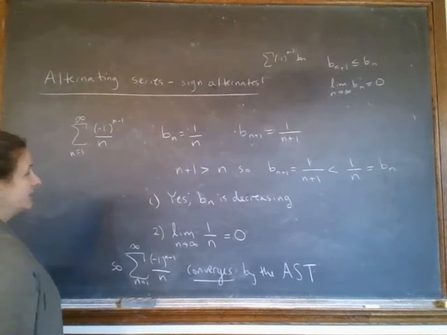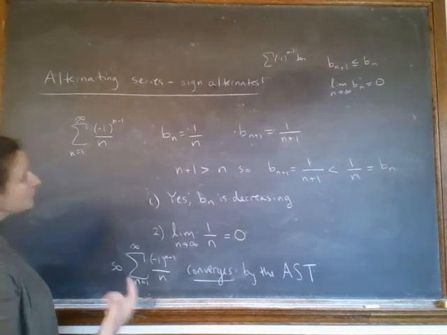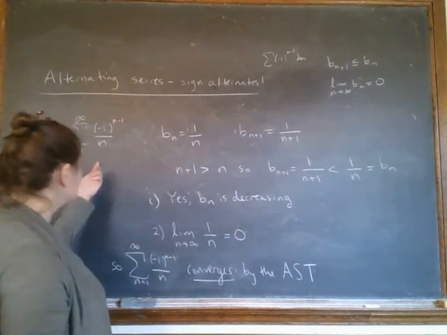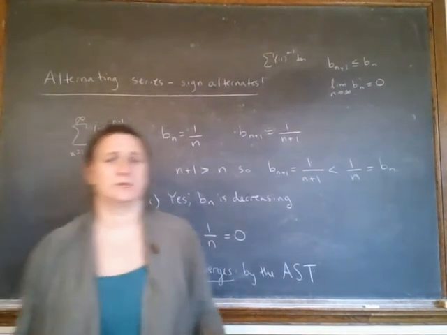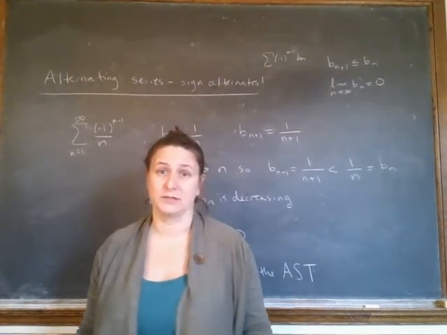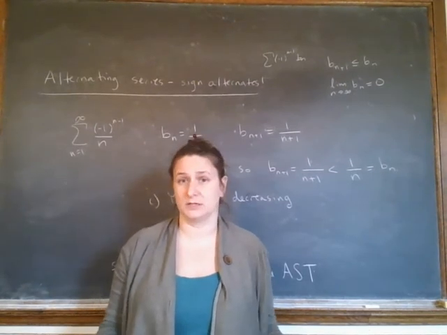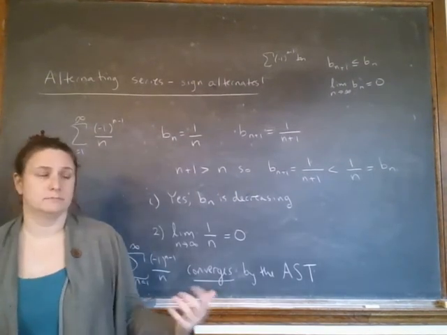It's perfectly fine to use AST. Okay? So, which tells you something interesting about this harmonic series, or maybe it tells you something interesting about alternating series, because it's easier for alternating series to converge.